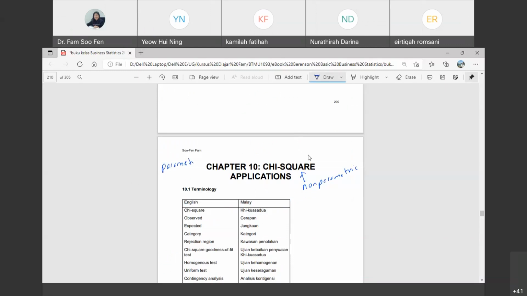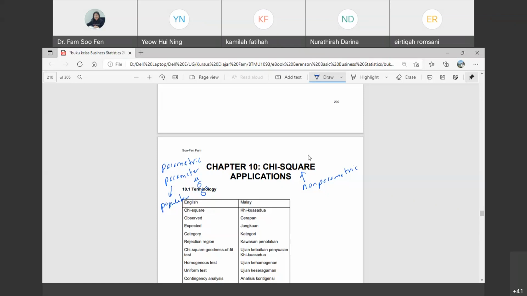We learned about parameters. The parameters represent the population. So what are the parameters? The mean, sigma square. All of these are parameters, the characteristics of the population.